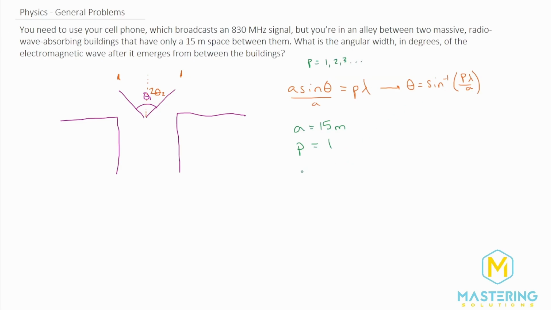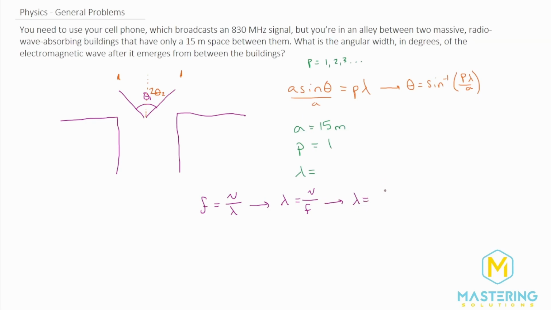Now, what is the wavelength, right? We don't know that. Well, we can use another equation, which goes back to the frequency is equal to the velocity over lambda. So if we rearrange this for lambda, we'll multiply both sides by lambda and then divide both sides by the frequency. So that will give us lambda is equal to the velocity over the frequency. Now the velocity, since this is a cell phone signal, as we talked about, it's an electromagnetic wave traveling at the speed of light.